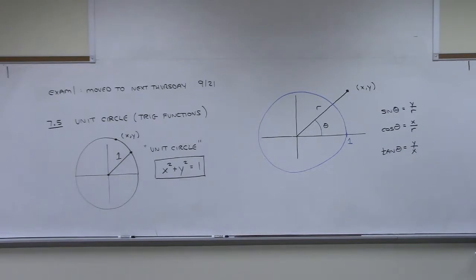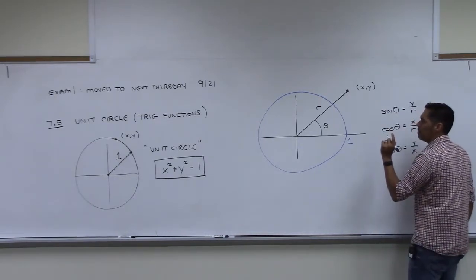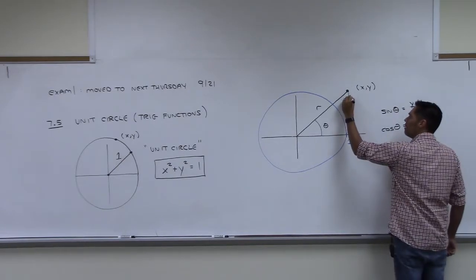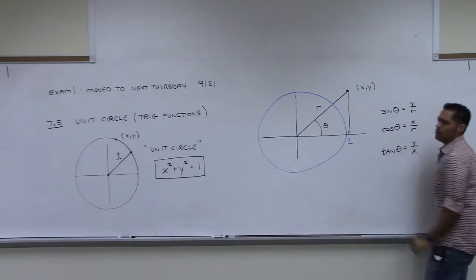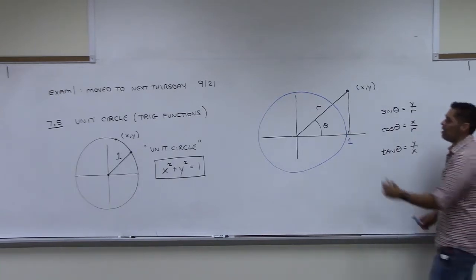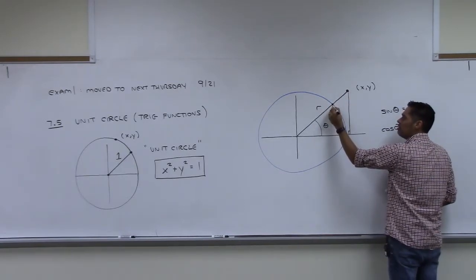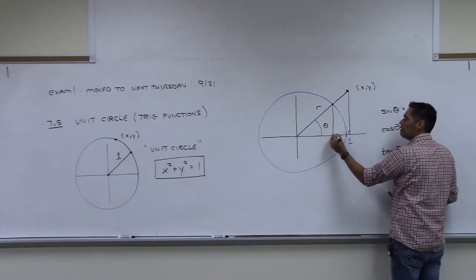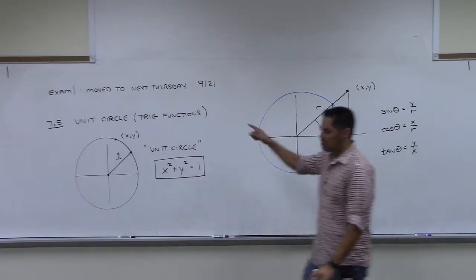Now with this picture in here, I want you to look at 2 different triangles. I want you to look at the triangle that's formed by dropping straight down here. See that right triangle there? And I also want you to look at the triangle that I get by taking where this line hits the unit circle and dropping down like this. Okay? Do y'all see the 2 triangles? All right, now I'm going to draw those 2 triangles over here now.